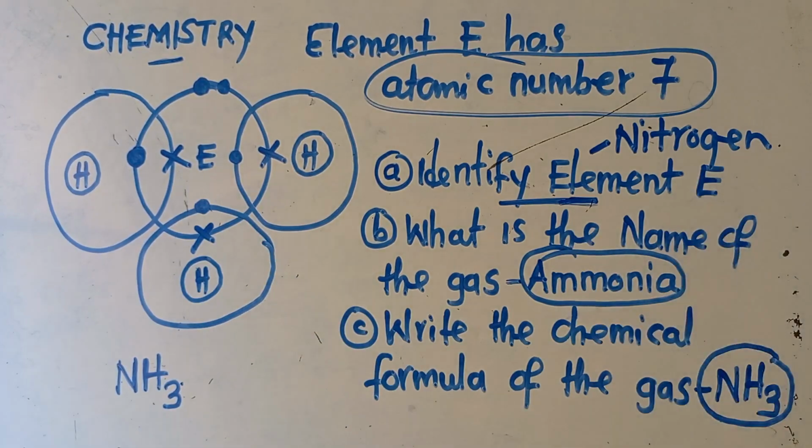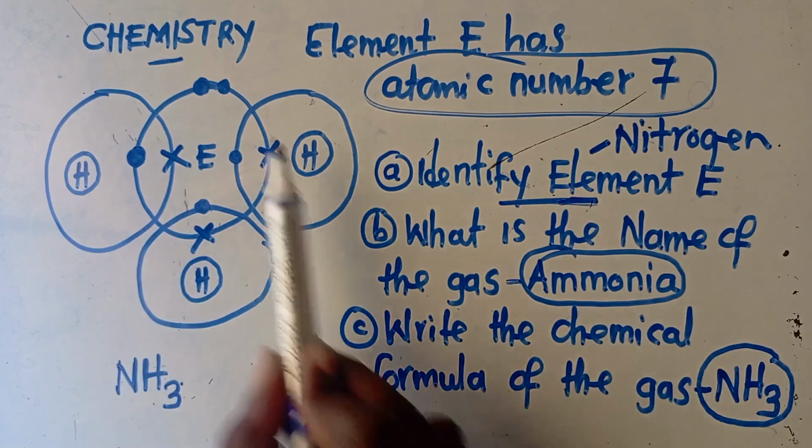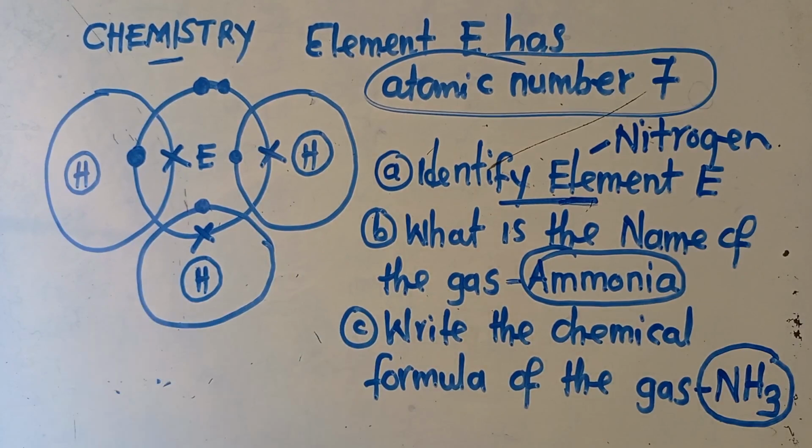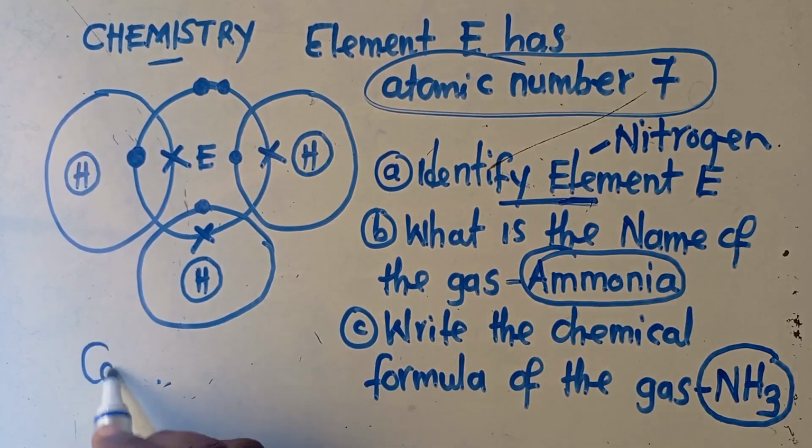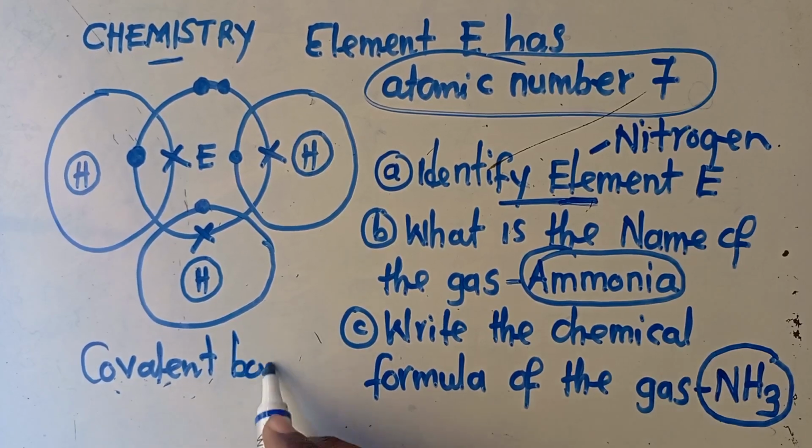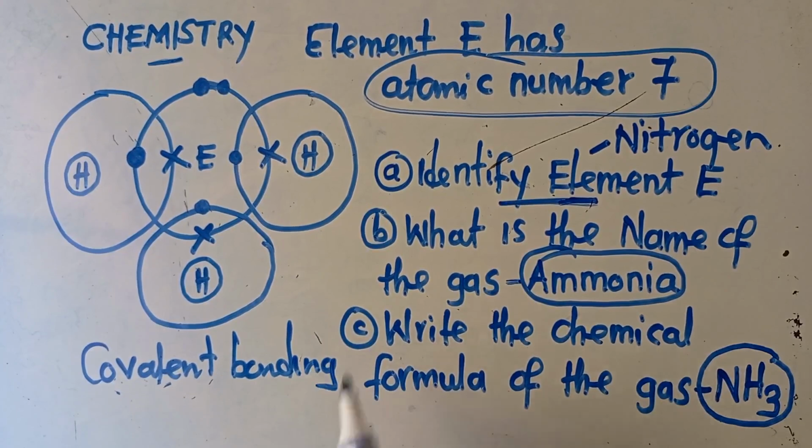You get questions that come in an exam where they tell you to say what type of bonding holds the atoms together in this compound. The type of bonding that holds atoms together in that compound is called covalent bonding. I said in that compound. In chemistry, you need to make sure that for each term you use, you know its definition.